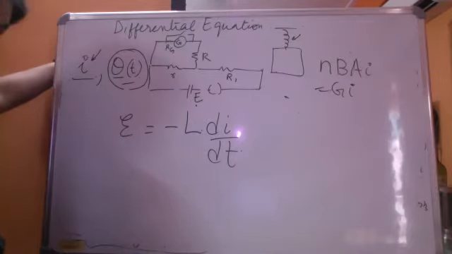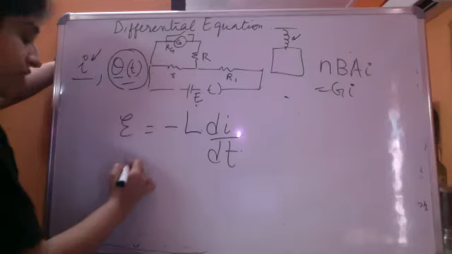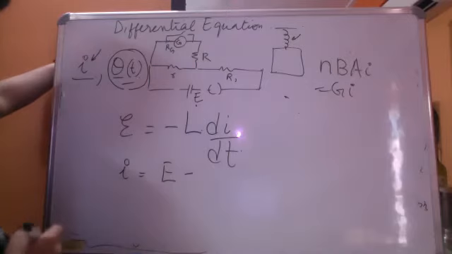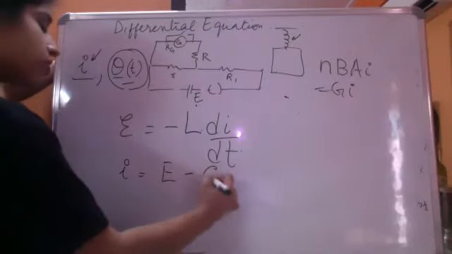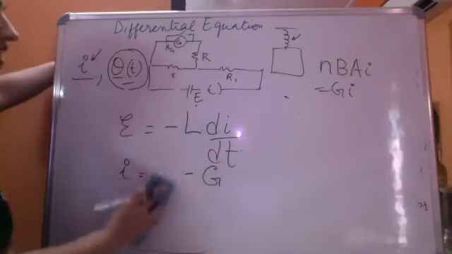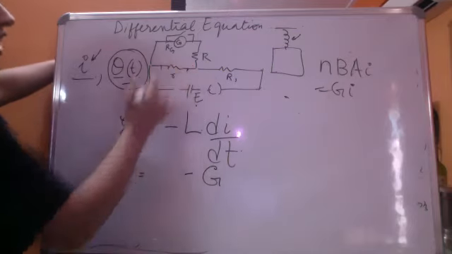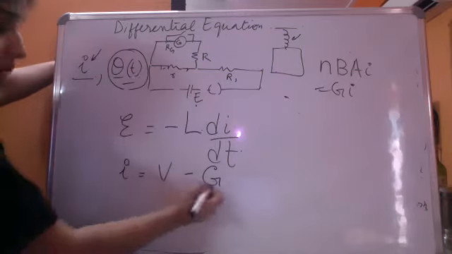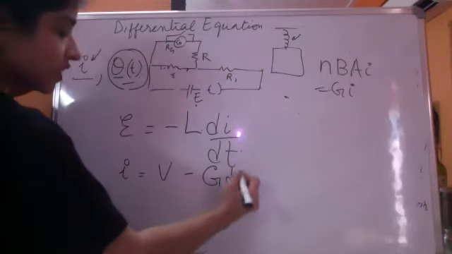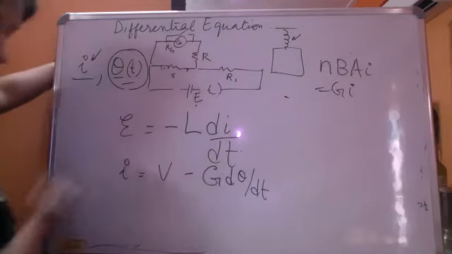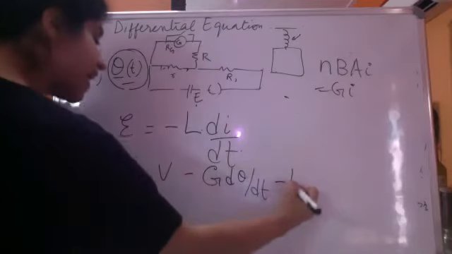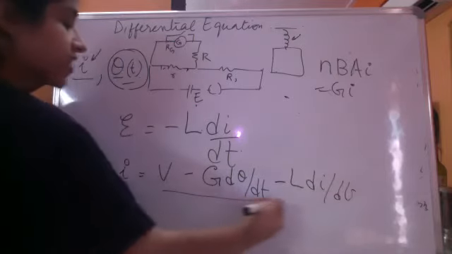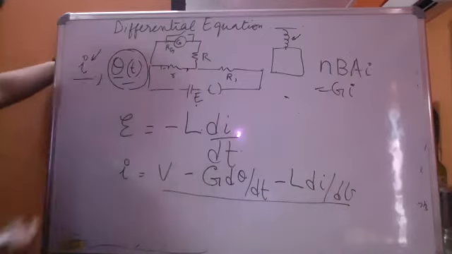So the net EMF in your circuit is then, I should not write this as E, let's call this V only. That's why I used an E here. V minus g d theta by dt minus L di by dt. That's the net EMF divided by the resistance in the circuit.